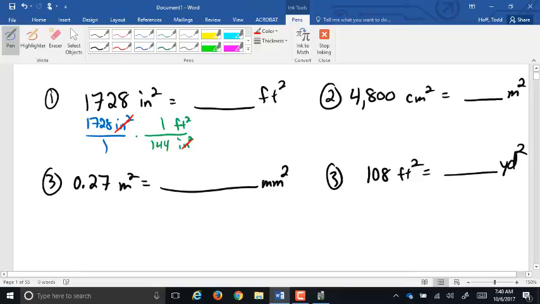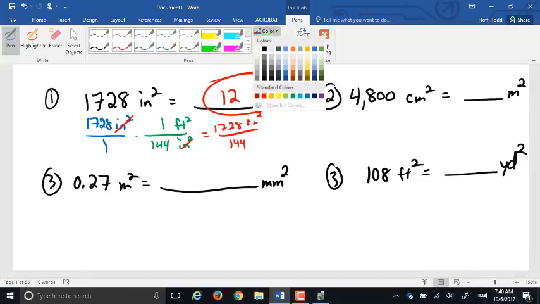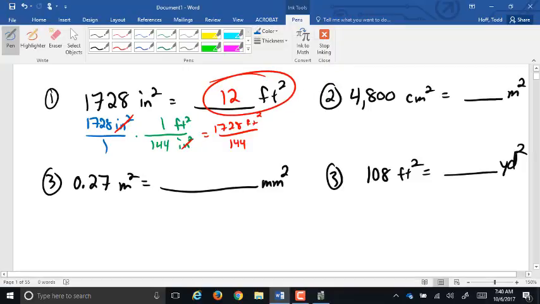So the square inches cancel out. 1,728 times 1 square foot over 1 times 144 divides to make 12 square feet. Any questions on that one?